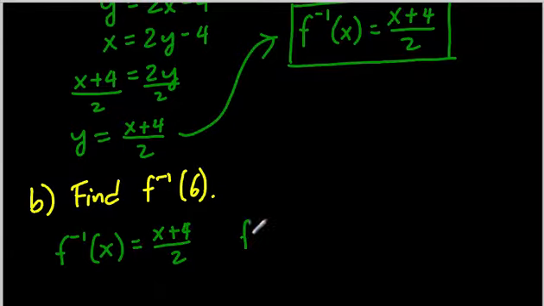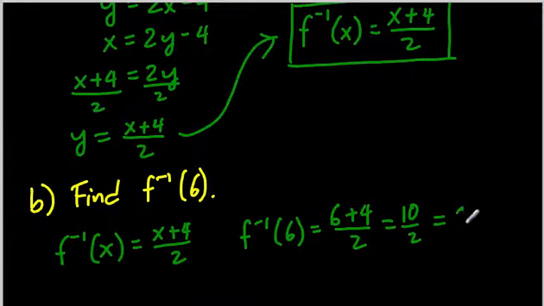So our specific function, f inverse of 6, is equal to, we're going to replace this x by 6. So that's also going to be replaced by 6. So it's 6 plus 4 divided by 2. That's equal to 10 divided by 2, which is equal to 5. And we're done. So this is our answer for f inverse of 6.